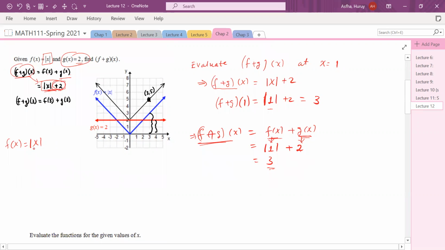Just ask yourself, is there any value of x that makes this one undefined? Well, this is the absolute value function, and it can take any value of x. Negative, positive, fraction, it doesn't matter. Zero, it doesn't matter. So the domain for this function is negative infinity to positive infinity.